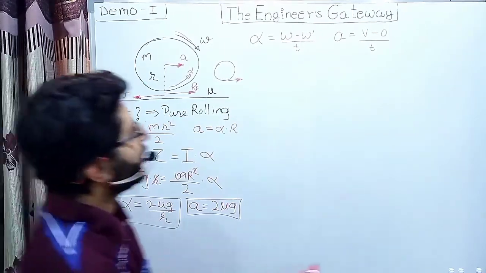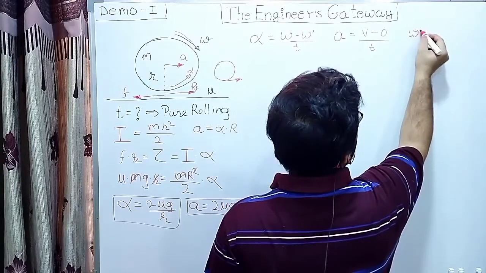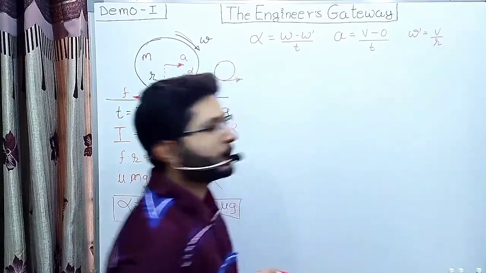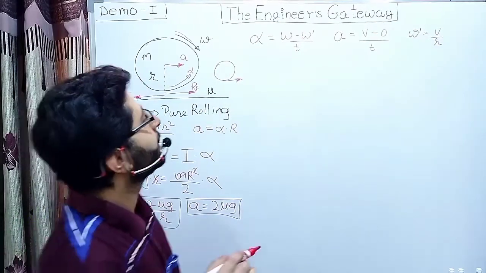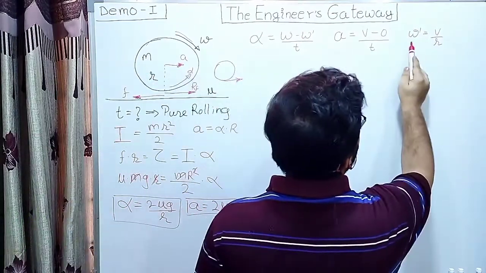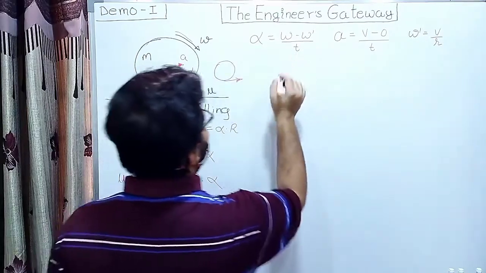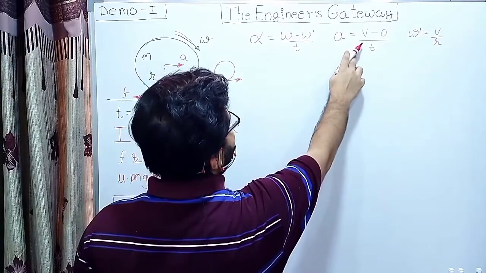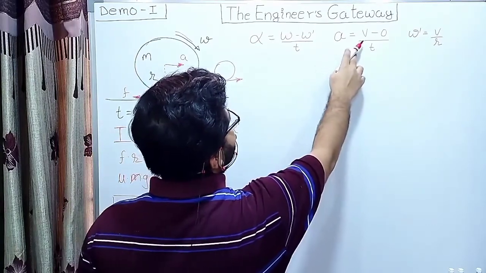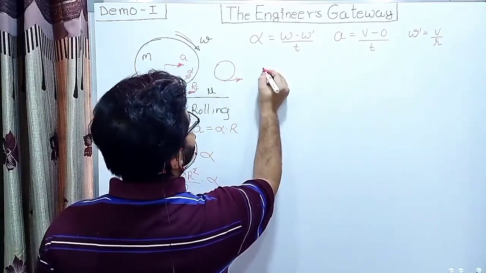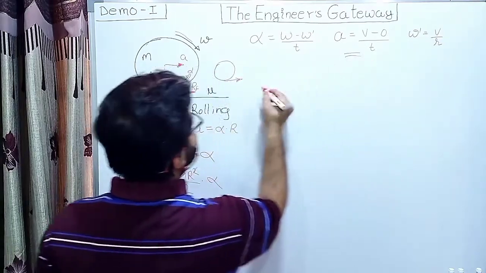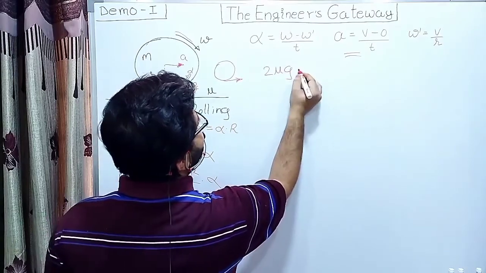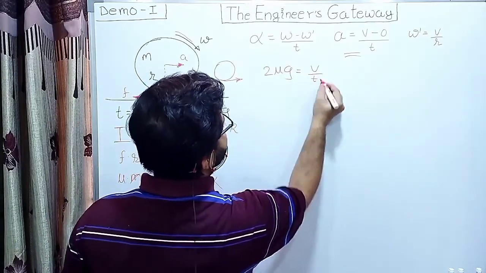So omega dash is nothing but v by r. Isn't this the case? What we will do is replace omega dash by v by r. For this particular equation, acceleration was 2 mu g equal to v by t.